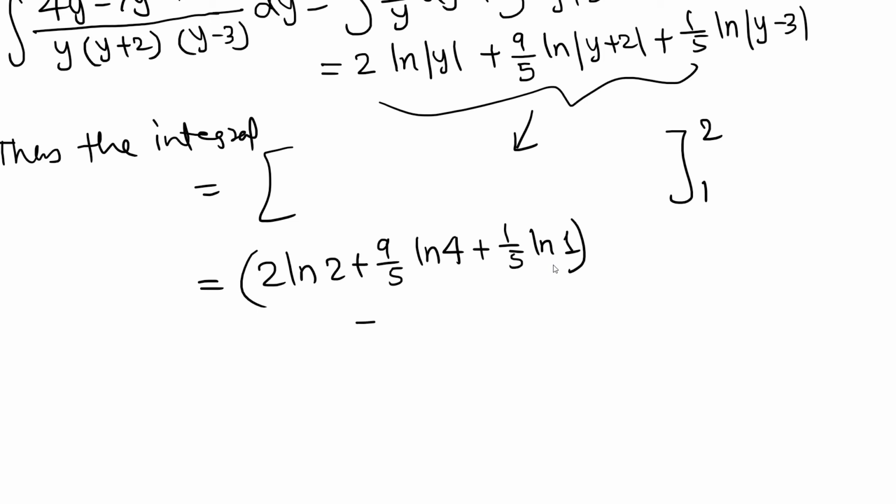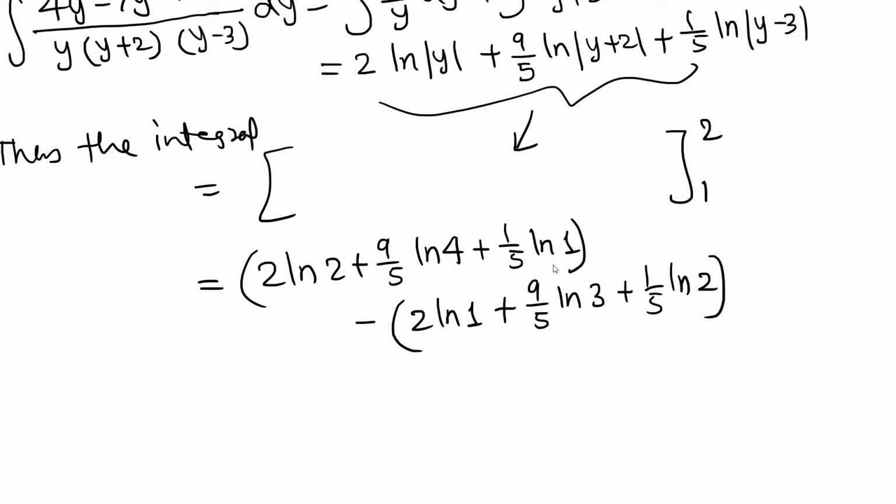So that's the upper limit, minus, plug in 1. Here, 2 natural log of 1, and this is also 0, plus 9/5 natural log of 1 plus 2, which is 3, plus 1/5 natural log of negative 2. 1 minus 3 is negative 2, and the absolute value of negative 2 is 2. So upper limit, lower limit, and we just saw natural log of 1 is 0.